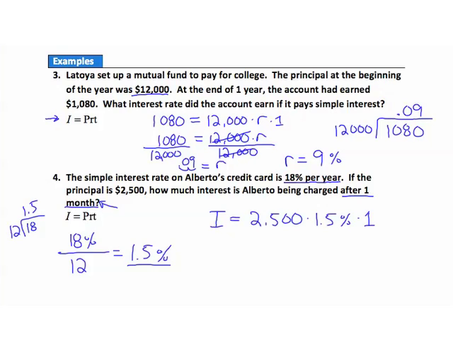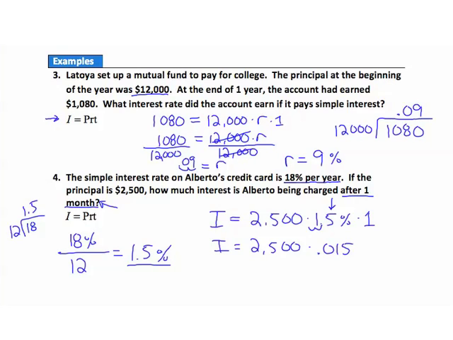Before we do any calculations, we need to change this 1.5% into a decimal. So let's rewrite the equation. To change that to a decimal, I would move it 2 places to the left. So 1, 2, which is going to give me 0.015. Times 1, it's still going to be 0.015, so we'll leave it just like that.